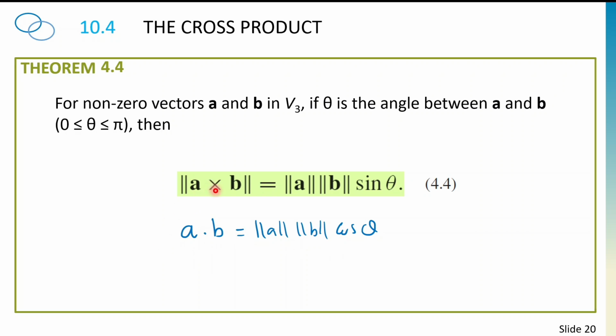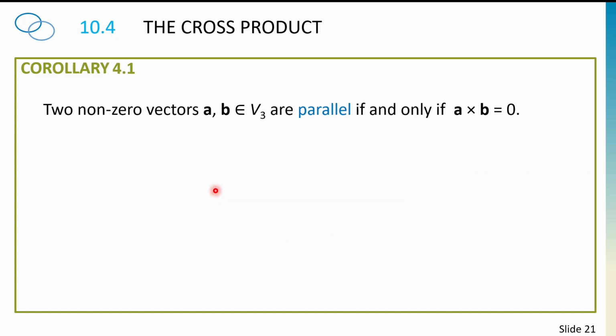Okay, now what do we have next? We need one result for this theorem. What does the result say? It says that for two non-zero vectors A, B in three-dimensional space, these two vectors are parallel to each other if and only if their cross product equals 0. So why do we have the cross product this time?